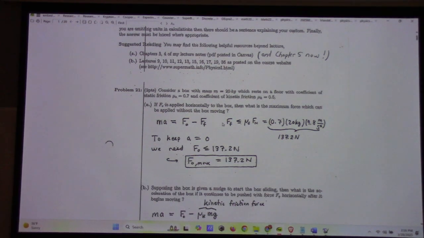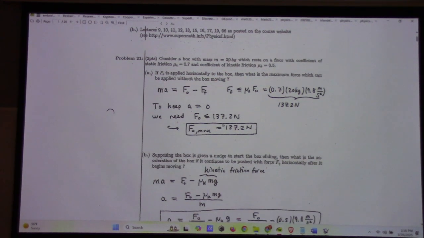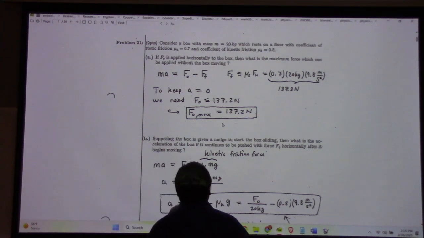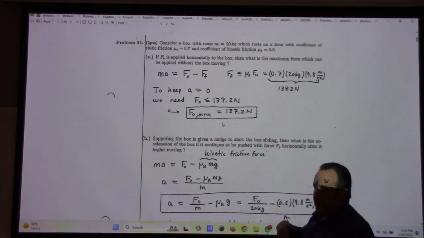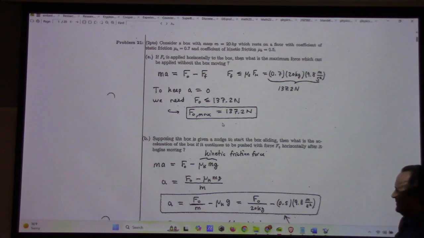Let's see here. If we just give it a little nudge, what's the acceleration of the box? Well, if we nudge it a little bit, then we're in the kinetic regime, and the friction force drops down to mu k mg, which I don't seem to have the number of.